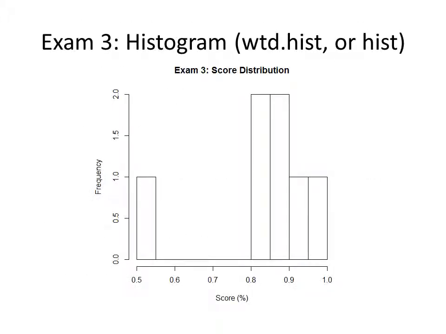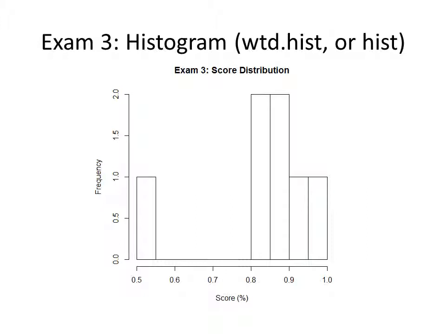Here is a visual depiction of the distribution of the scores, a histogram, which is also familiar to us from working in R. Pollock uses the weighted histogram command, wtd.hist. You could also use simply hist.